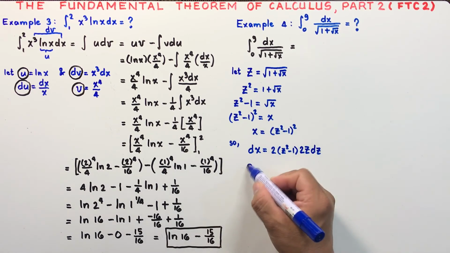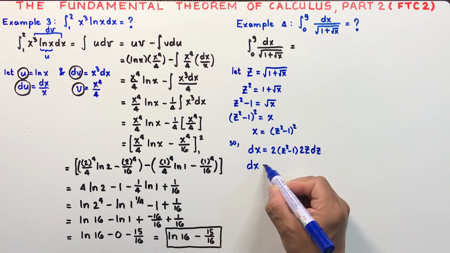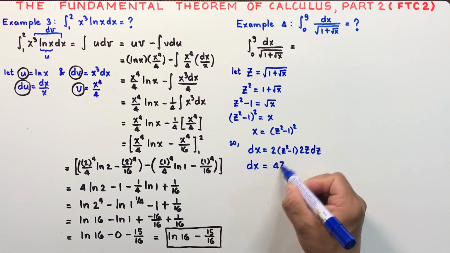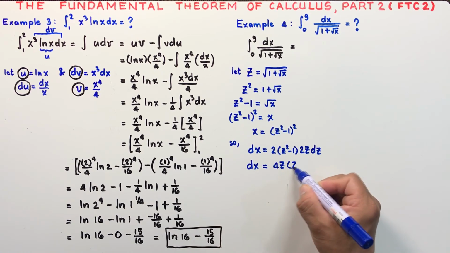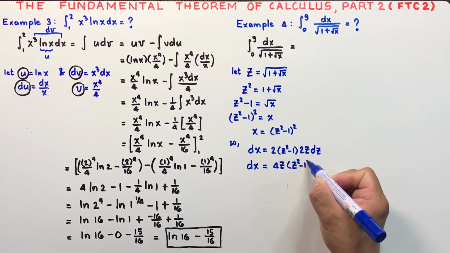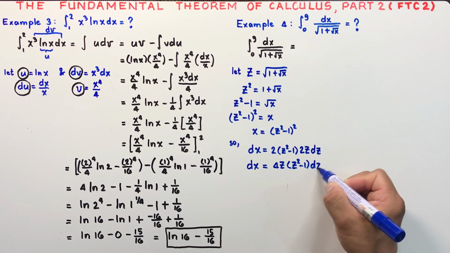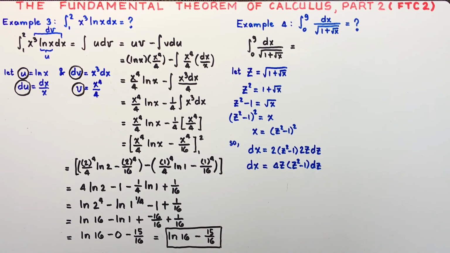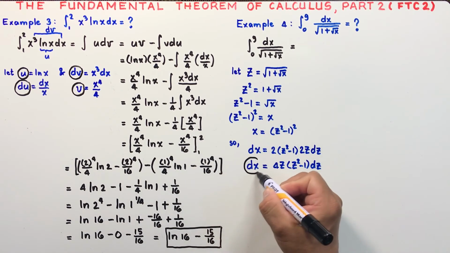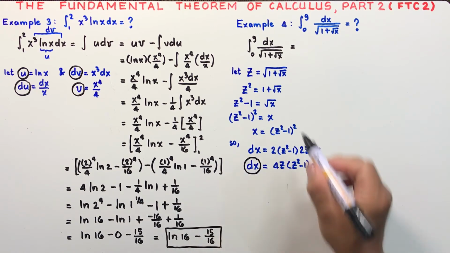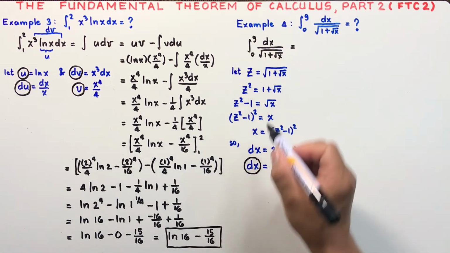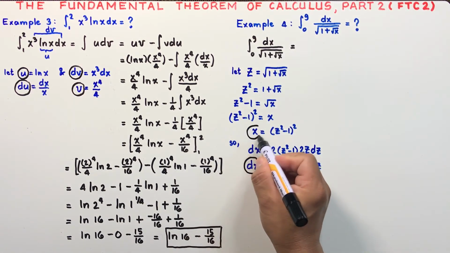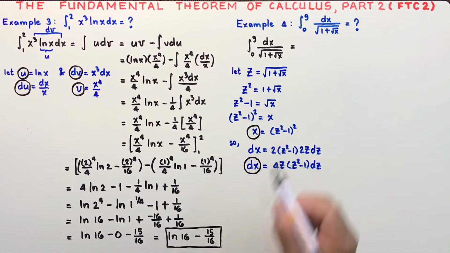So our dx is equal to 4z times z squared minus 1 dz.